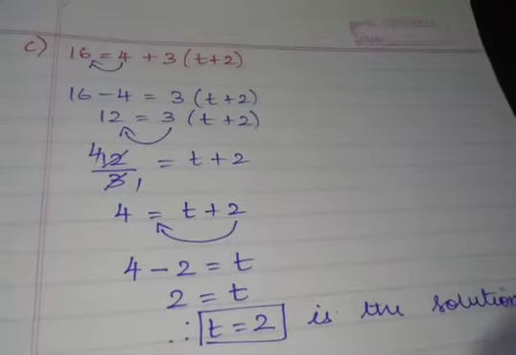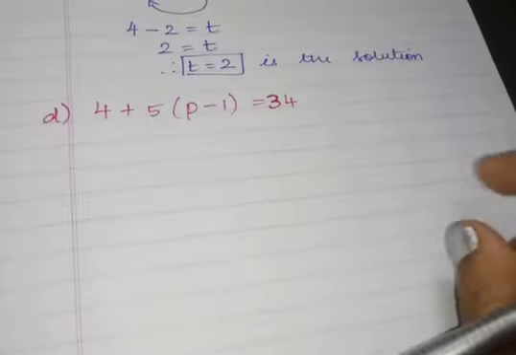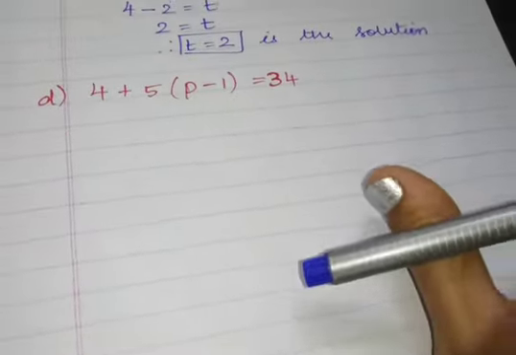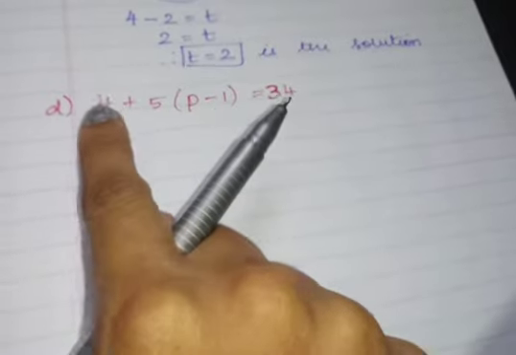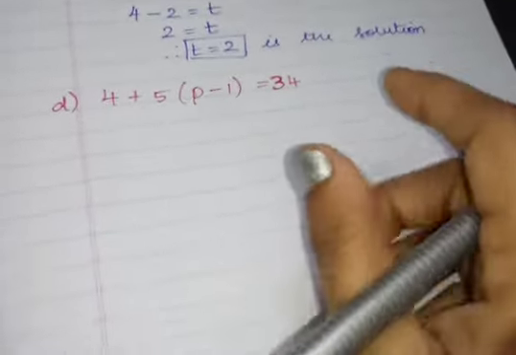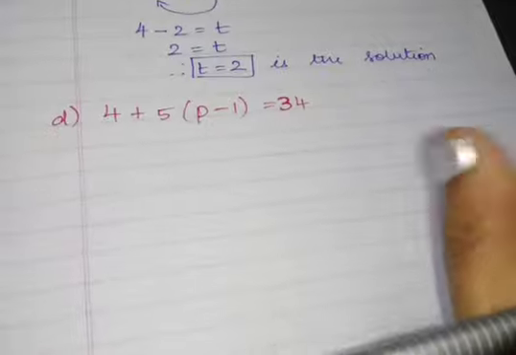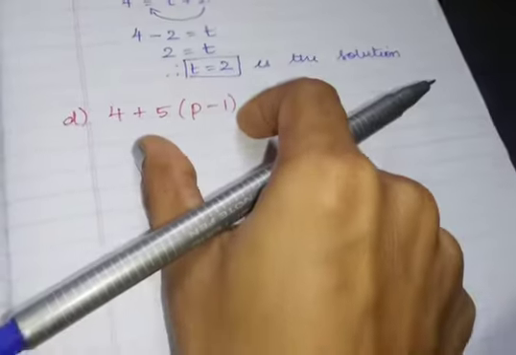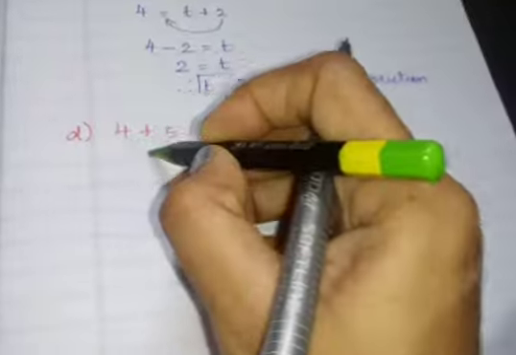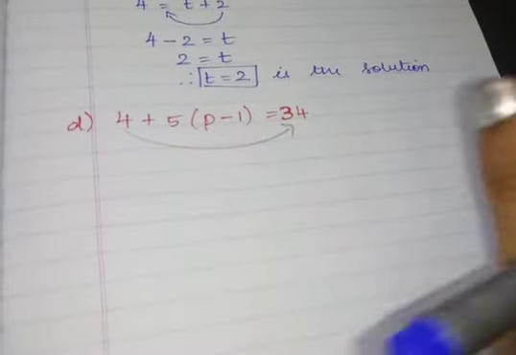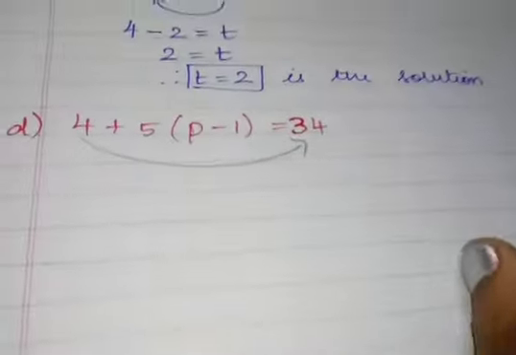Okay. This is your D problem. Here also the same way. 5 is multiplied with (p minus 1), but 4 is added with this, is equal to 34. But here the variable is on the left hand side. So first I am going to shift this plus 4 to the other side, because multiplication you will do secondary.